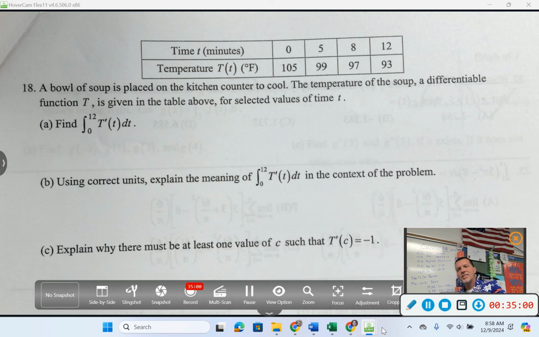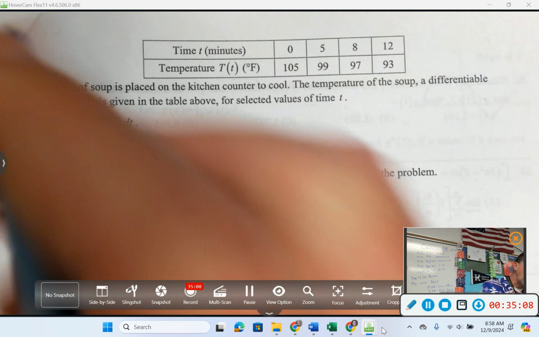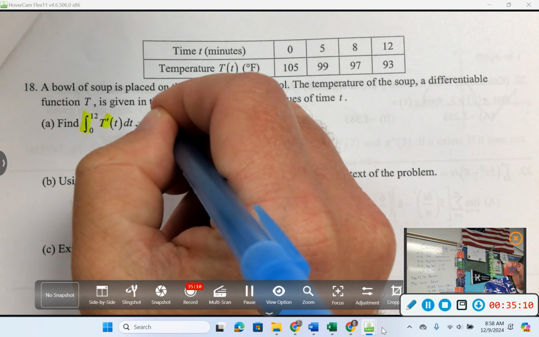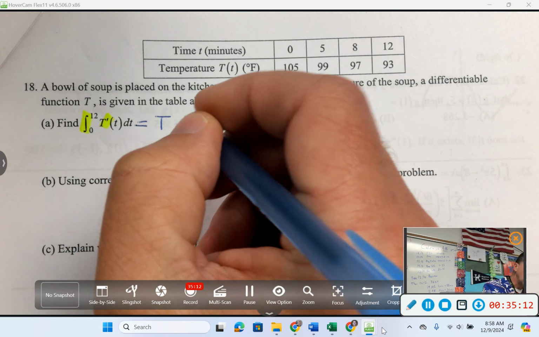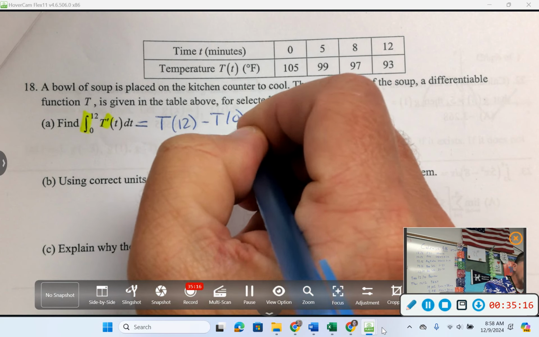Oh, does anybody see what the trick is here? The antiderivative of a derivative gets me back to what? T of the top minus T of the bottom.